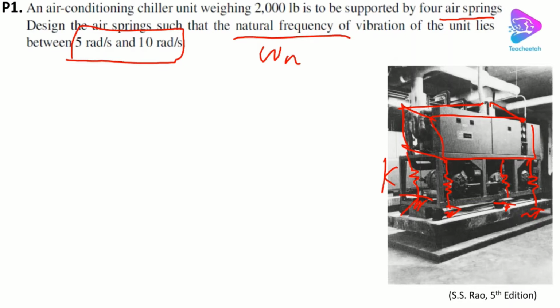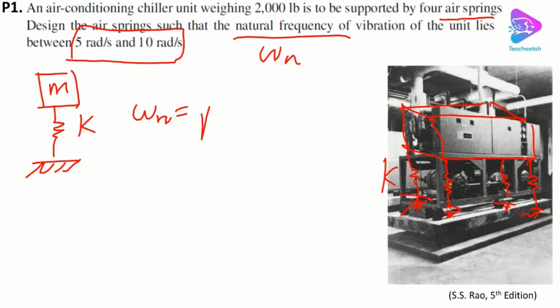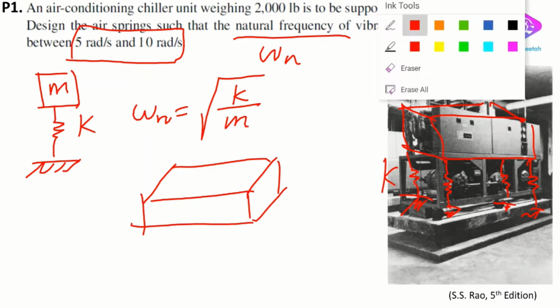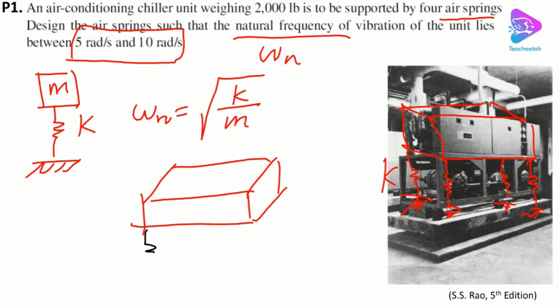As you may remember, I said that we want to reduce the system into a mass and equivalent stiffness case, and then we can use the omega n formula, which is equal to the square root of K over M. In this case, we have 4 springs, and we consider the mass as a block with 4 springs, like this one, that one, and this one.